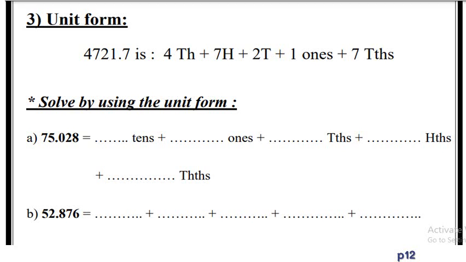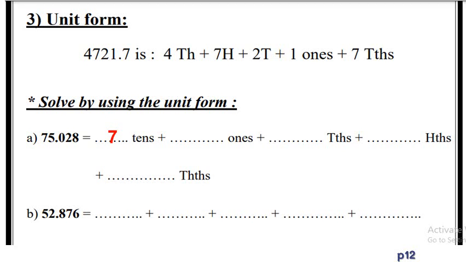Now solve by using the units form. Here I have 75.028 equals dots tens plus dots ones plus dots tenths plus dots hundredths plus dots thousandths. Here tenths, which digit is under the tenth place? I have the 7, so write 7.